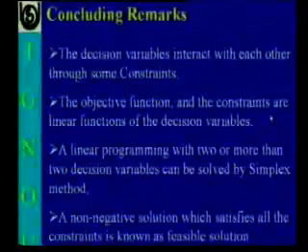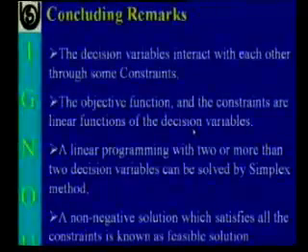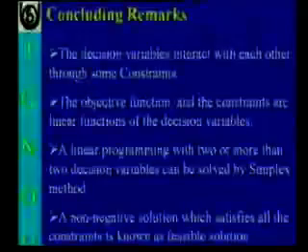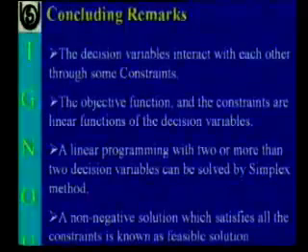The objective function and the constraints are linear functions of the decision variables. This is the most important portion of linear programming: the objective function and constraints should all be linear functions of the decision variables. We cannot solve a non-linear function with the help of simplex.